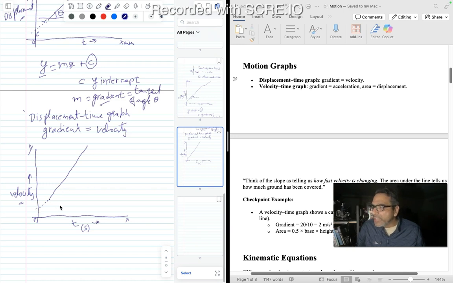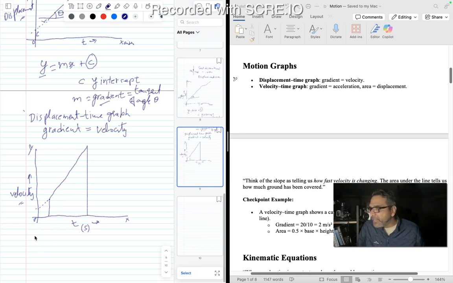Here now two things happen. One is this area which is covered by this line from here to here, from here to here, right? So this area, so now there are two things which are represented by the velocity time graph.